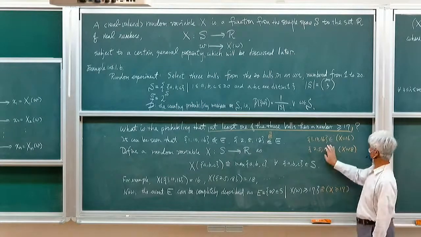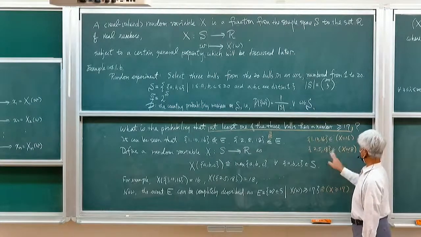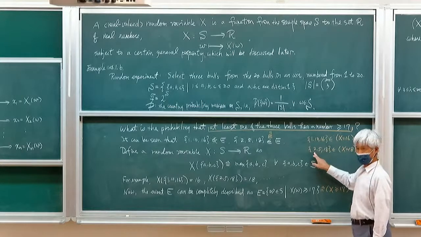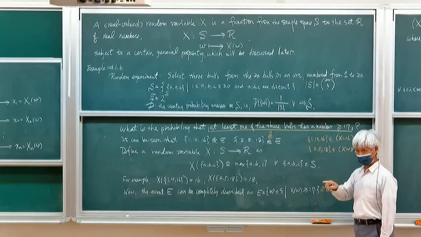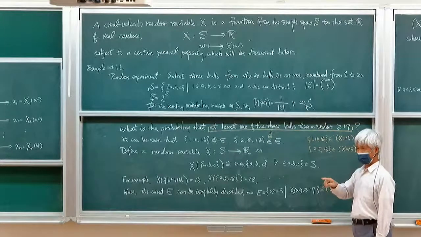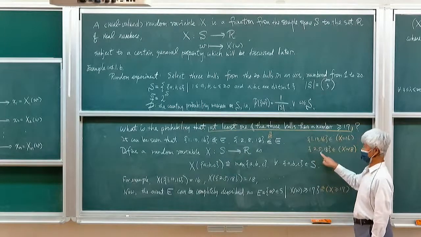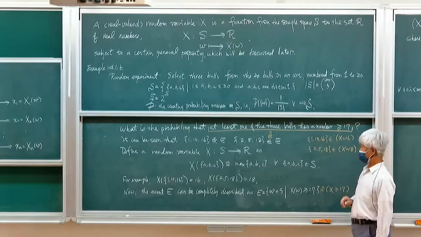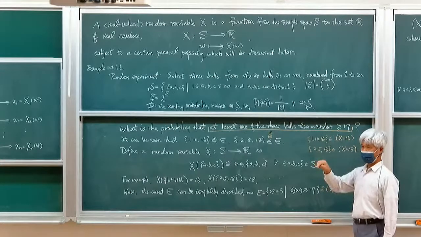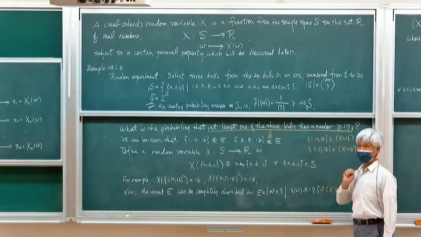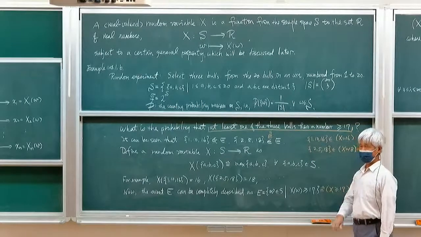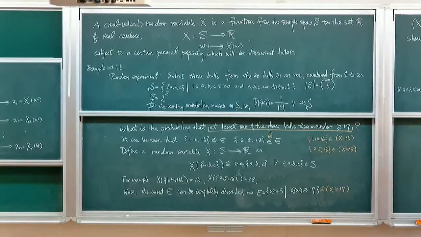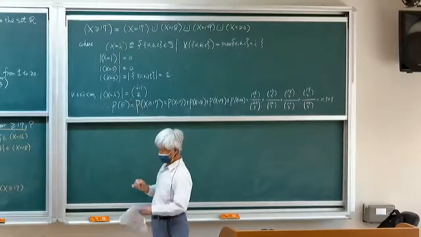Because this is the biggest one, the other two should be selected from 1 to 17. So you have 17 balls, and you select 2 balls from the 17 balls. So this is like this one.